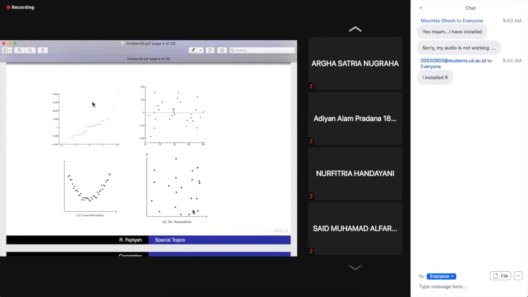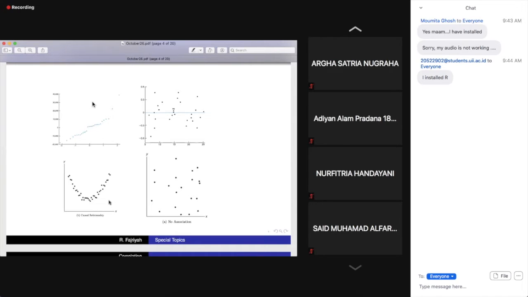And if there is no relationship or no association, you can see the picture from part A in here, which is on the bottom and on the top here. We can see that there is no association at all, at least linear association. And for the top one, we cannot see the pattern.